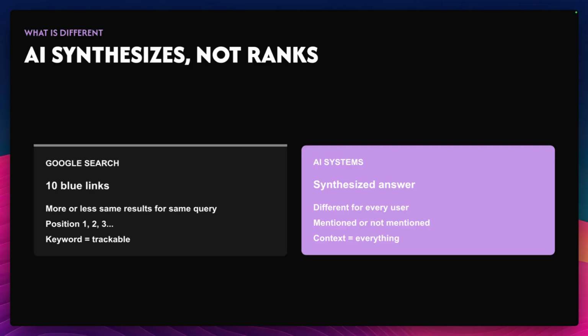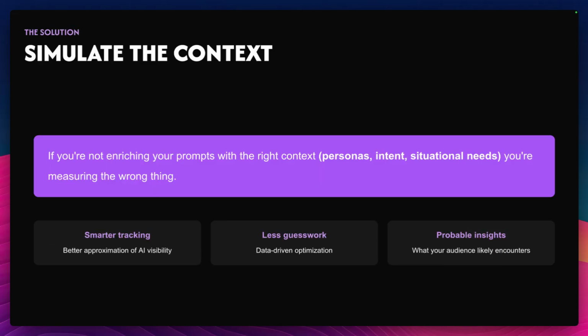So it mixes that up and uses its own internal knowledge to generate an answer that's completely different from what you would get in Google, and it's different for every user because of that context. So that's the reason why context is more or less everything here.